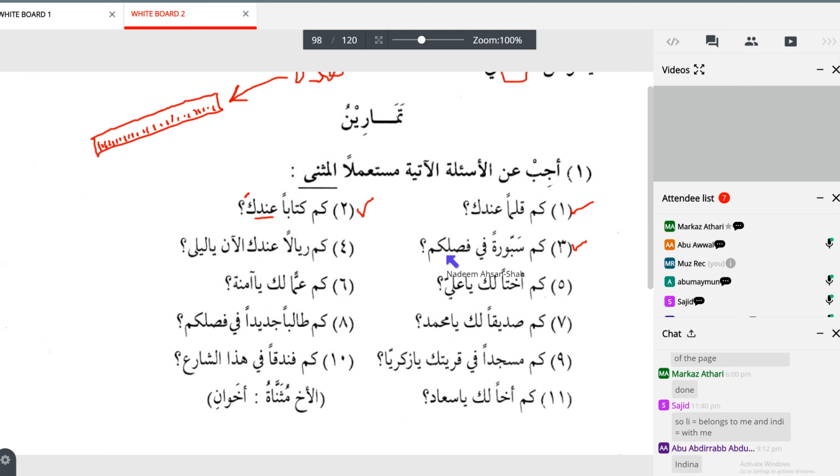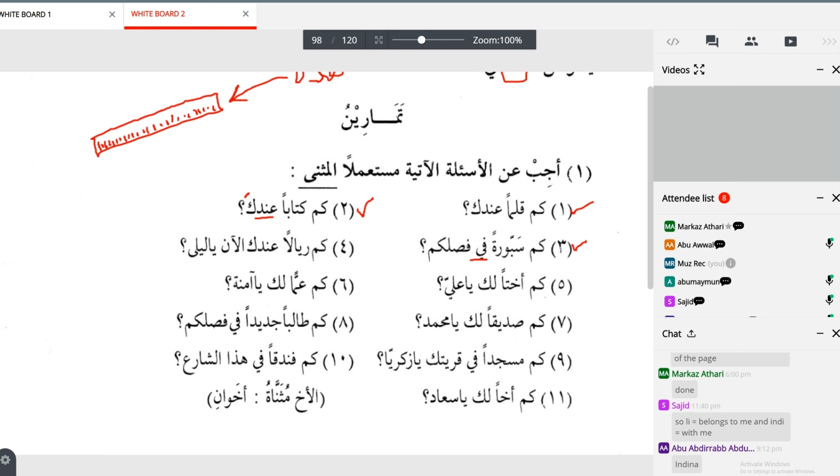Not actually indana, because there's no inda in the question. You're going to use fi, فصلكم. Subhanallah.